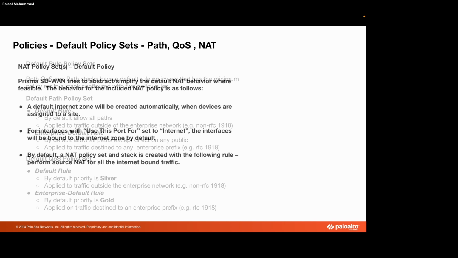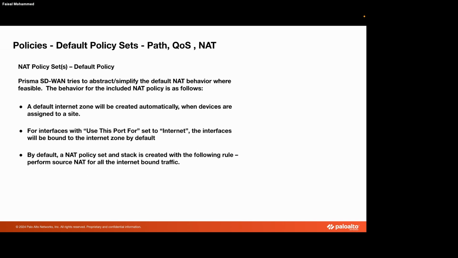For the NAT, it's a little bit different. By default, we create an internet zone. The internet zone is already available. It gets assigned or mapped to your internet interface. The moment you select to use this port for internet, the interface gets bound to the internet zone.